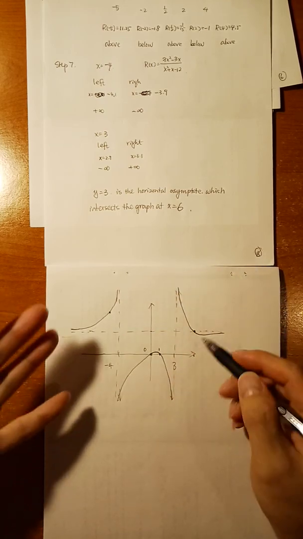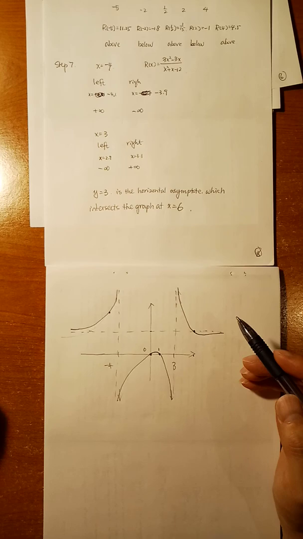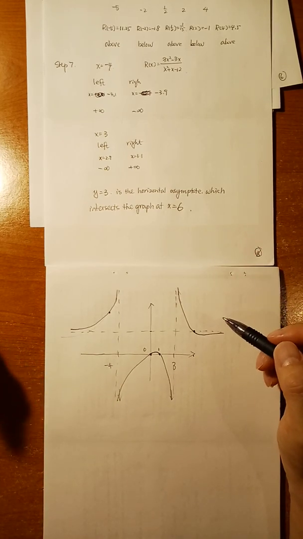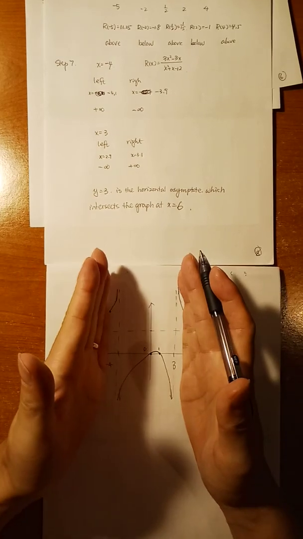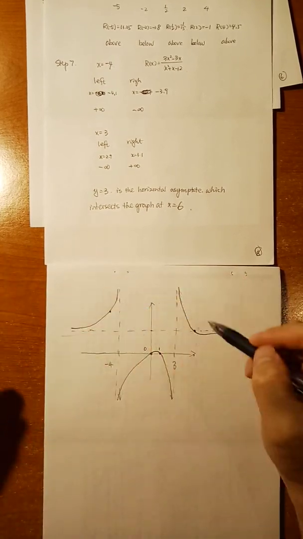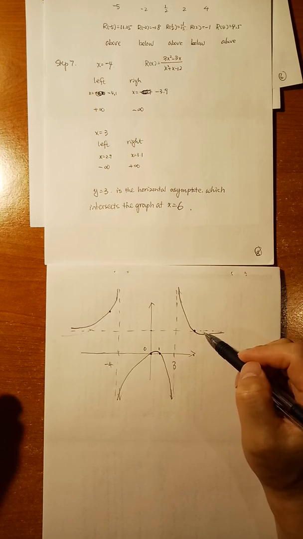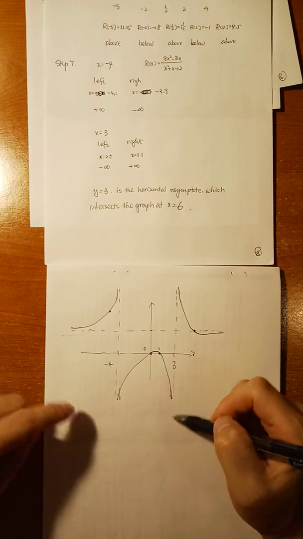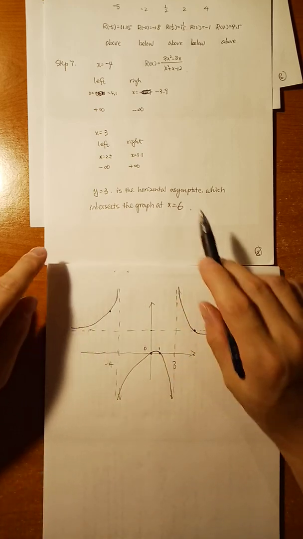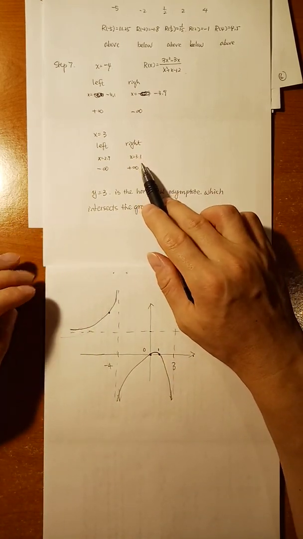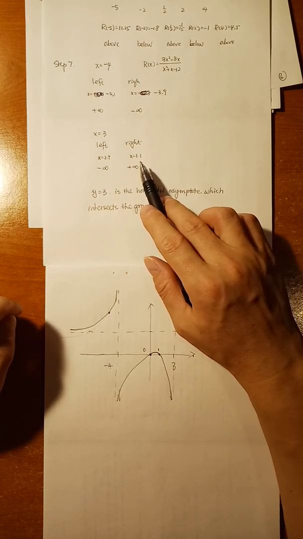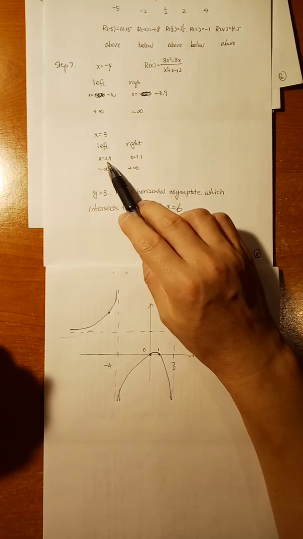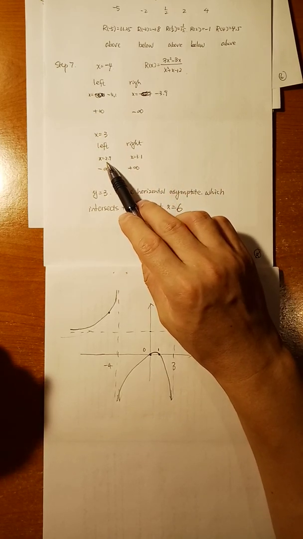We actually considered all the information we found in the previous steps: the vertical asymptotes, the horizontal asymptote, where it intersects the horizontal asymptote, when it is positive, when it is negative, and whether it goes to negative or positive infinity. For this part, I skipped the computation because of the x squared, it's just very long.